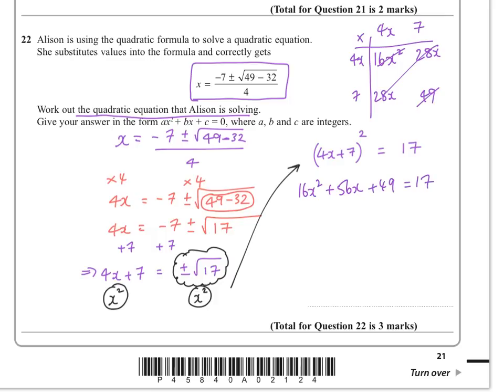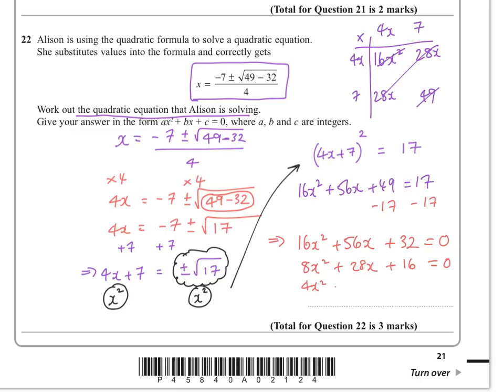And then last but not least, we can take 17 off both sides, and that would give us 16x squared plus 56x plus 32. Now that would be equal to 0, and we can then halve everything, and we would then get 8x squared plus 28x plus 16 equals 0, and we could halve everything again.